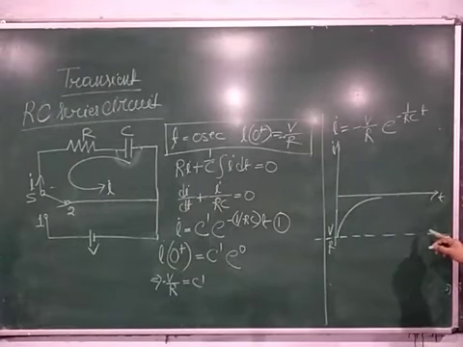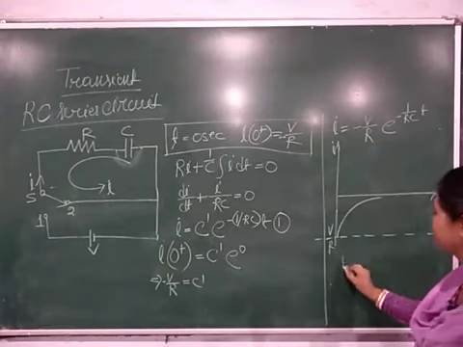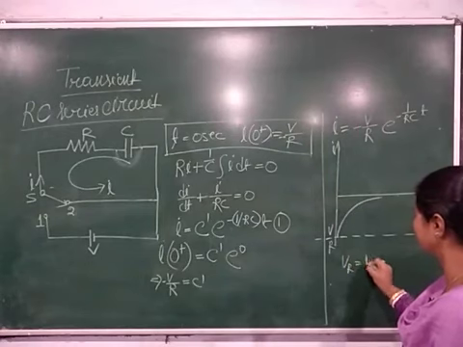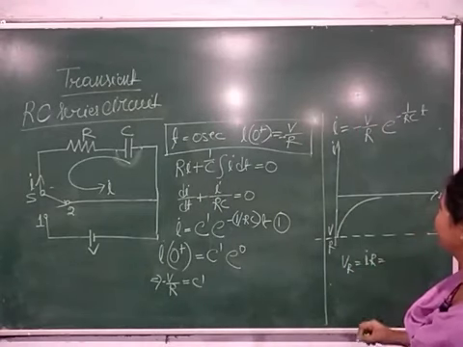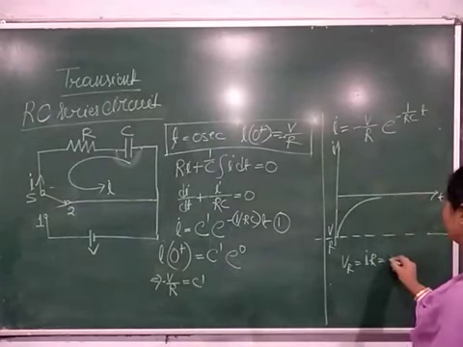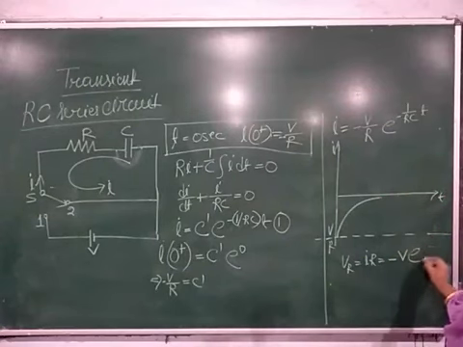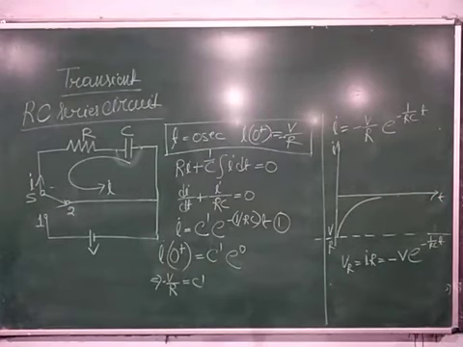Now at this instant, what is the value of voltage across the resistor? That is i into R, so it is minus V e to the power minus 1 by RC into t. This much voltage is dropped across the resistor.